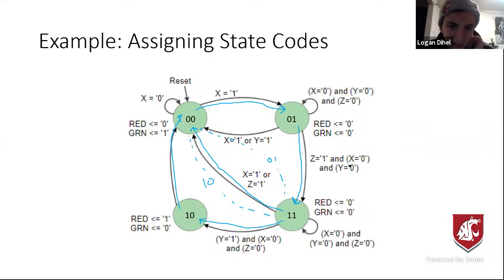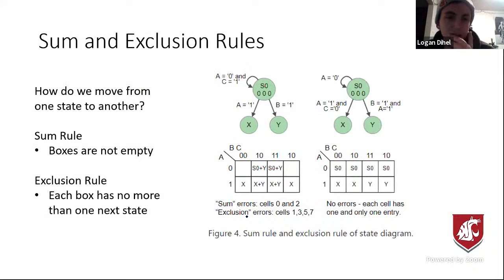Red is 0 here and 0 there, so we'd expect that going from 1, 1 to 0, 0, red would always be 0. But if we happen to go through state 1, 0, then red turns on for a brief moment, and that's called an output race switch. But that's 324 stuff, so don't worry about that. I was just explaining why those rules exist.